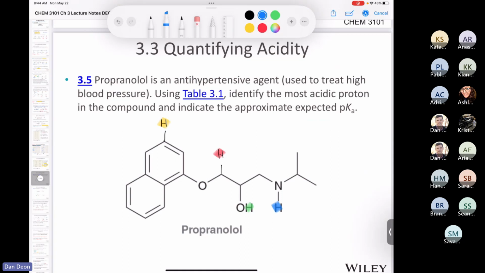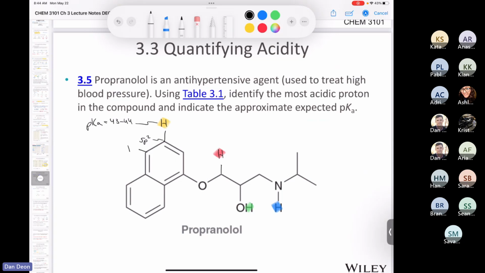So Sean says probably the one on the oxygen. I think you're right, Sean. Let's take a look at all of them, okay? If we start with the one on an aromatic ring, we said that when you have a bond between an sp2 hybridized carbon and a proton, the pKa was around 43, 44. It doesn't even have to be exact, okay? Look, we'll put 43 to 44.